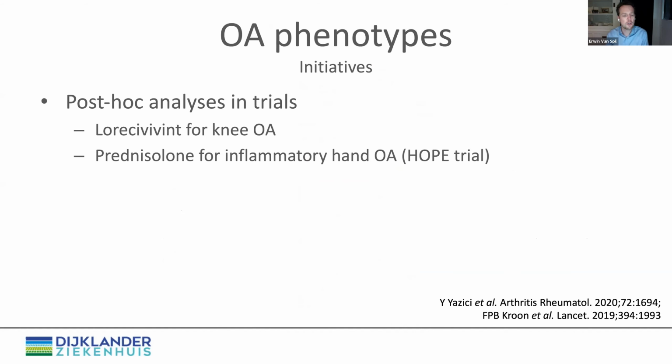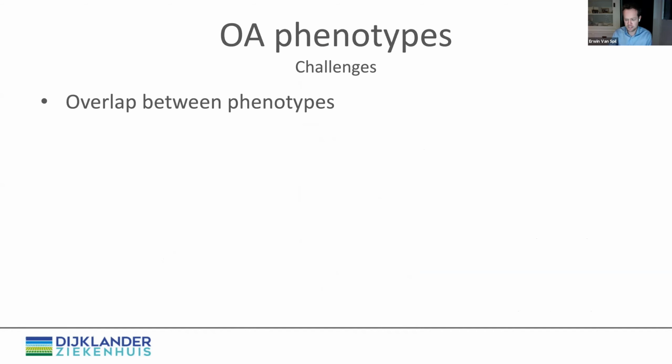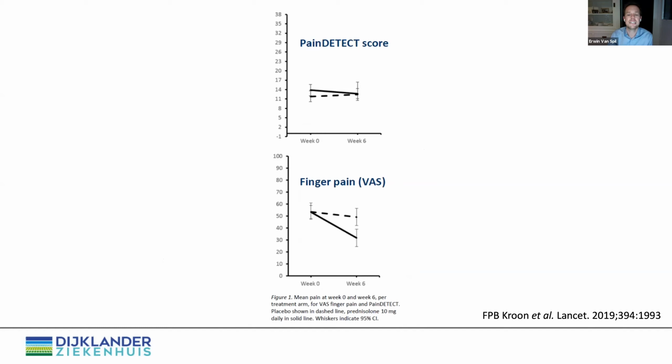I would just like to shortly go back to the HOPE trial, the prednisolone for inflammatory hand OA trial, and show data that were presented at the recent ACR. Again, on the bottom figure, the authors show that pain was reduced at week 6, but if they just looked at neuropathic pain as measured in the PainDETECT score, a questionnaire, they didn't see this positive effect.